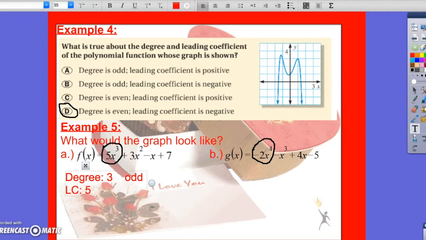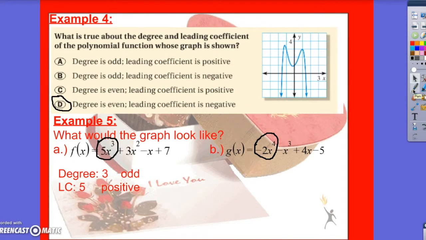Now be careful, it's not odd or even for the leading coefficient. Leading coefficient is positive or negative. 5 is positive. If I go back to my graph, or my table on the previous page, odd and positive looks something like this, right? I'm not asking you to make a sketch, but I want to sort of relate back. So if we were actually doing a graph, it would have to look something like this. One arrow pointing down, one arrow pointing up.